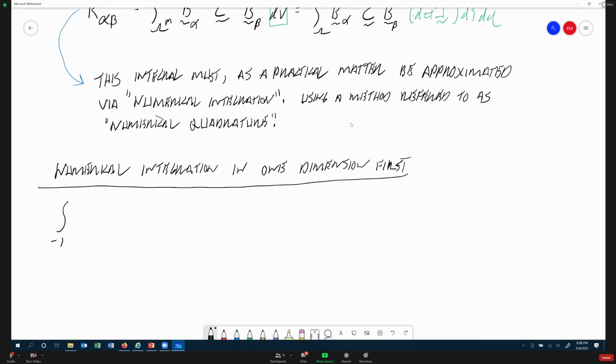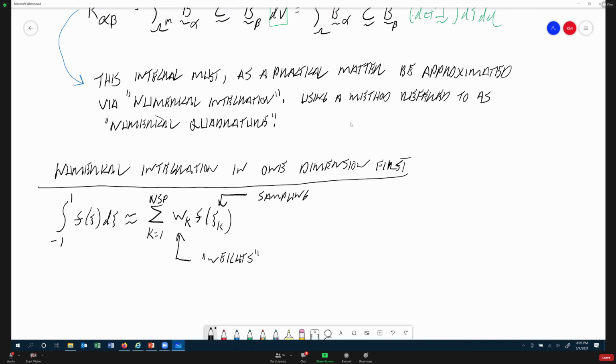We have this integral from -1 to 1 of f(ξ) dξ is approximately equal to the sum, k equals 1 to NSP, number of sampling points, of w_k f(ξ_k), and these w_k are weights. These ξ_k are sampling point locations.